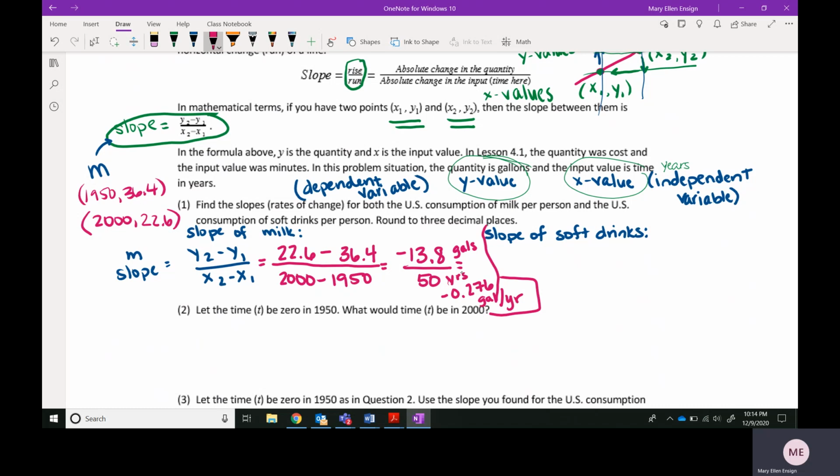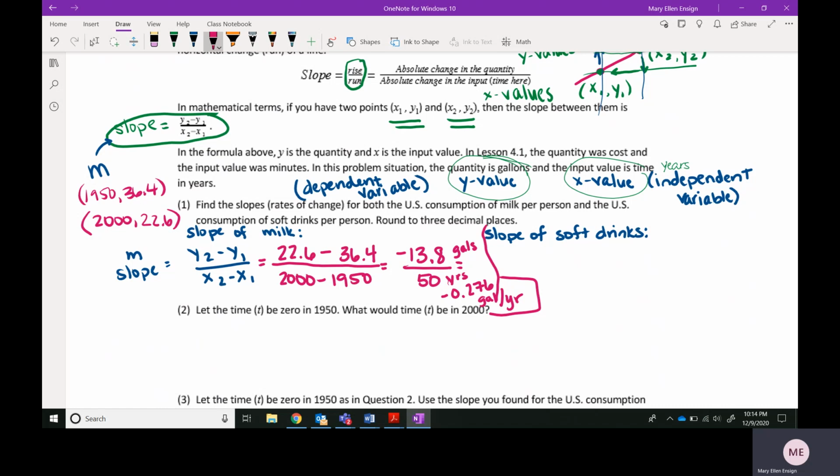So this is how much it goes down on average each year. So if in 1 year, the average person in the US is drinking a certain amount of milk, the next year they'll be drinking 0.276 gallons less, about a quarter of a gallon less. So it makes sense that this is negative. The negative means that quantity went down over time.